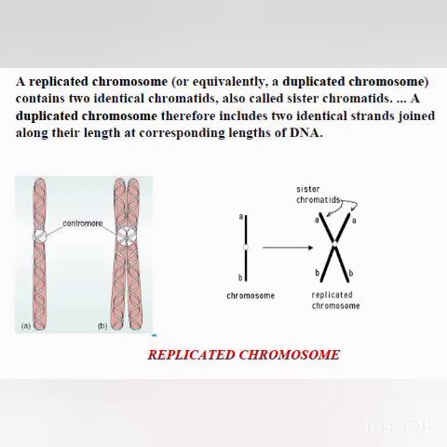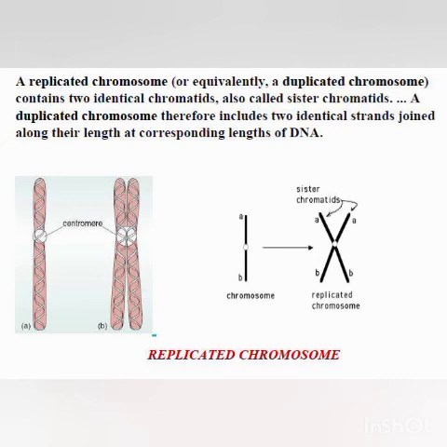Just now you have seen, there are two exact copies of DNA, and these two exact copies of DNA are joined by a structure called the centromere, as you can see in figure B under replicated chromosome. So after replication, two DNA strands are formed and they are held together by a structure called the centromere.